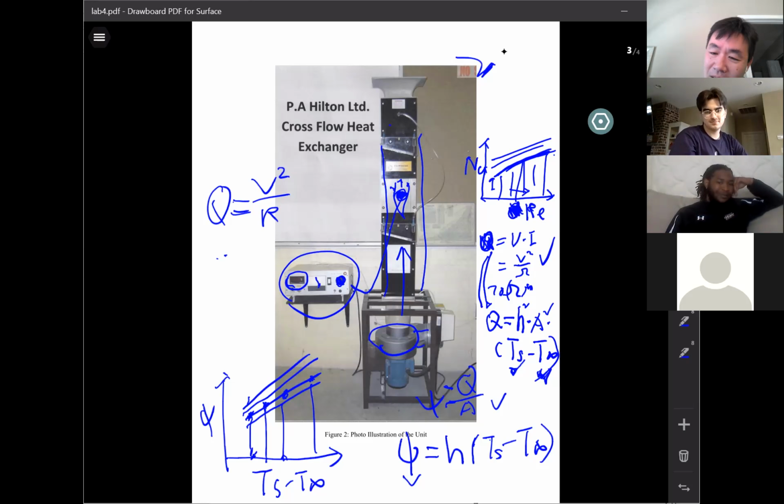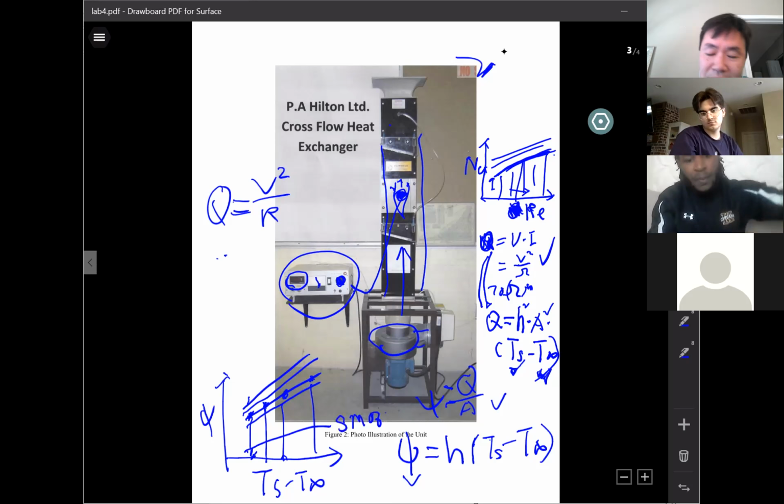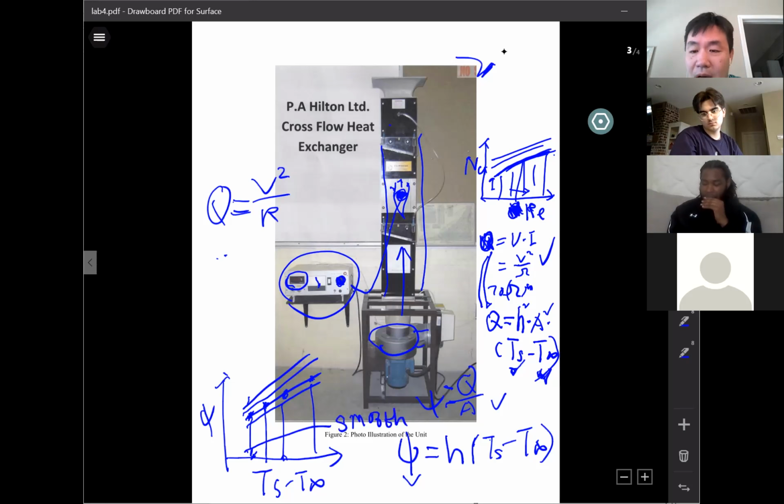Also, I want you to compare one curve, put one more curve there. That's a smooth tube. But you don't measure the smooth tube in this lab, right? You just compare with the smooth tube you did in lab number 4. You're supposed to know the heat transfer coefficient for the smooth tube.